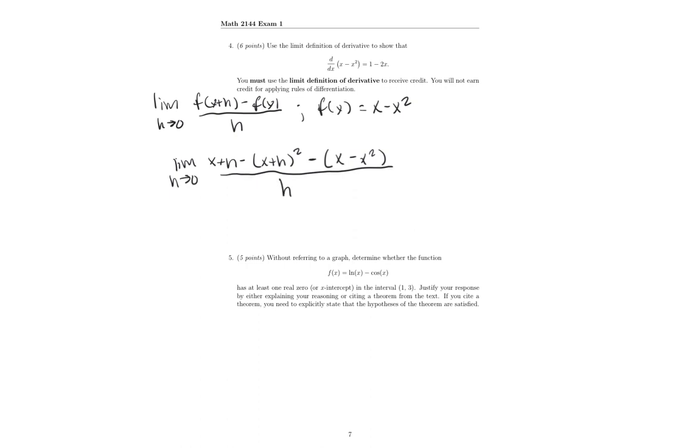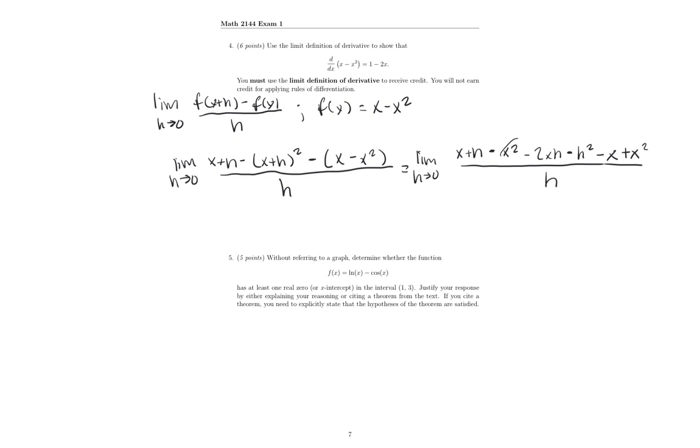So then if we expand some terms, that gives us the limit as h goes to 0 of x plus h minus x squared minus 2xh minus h squared, and then minus x plus x squared all over h. So we see we have some like terms that we can cancel out.